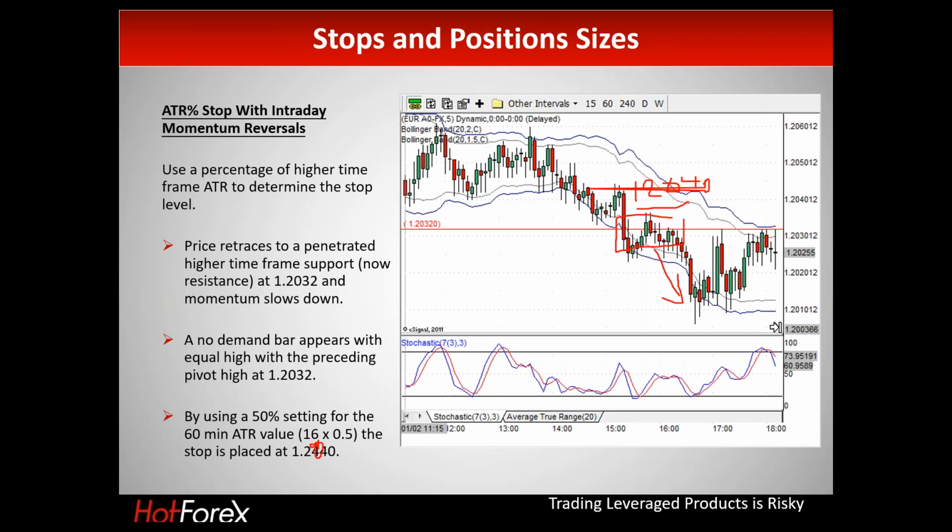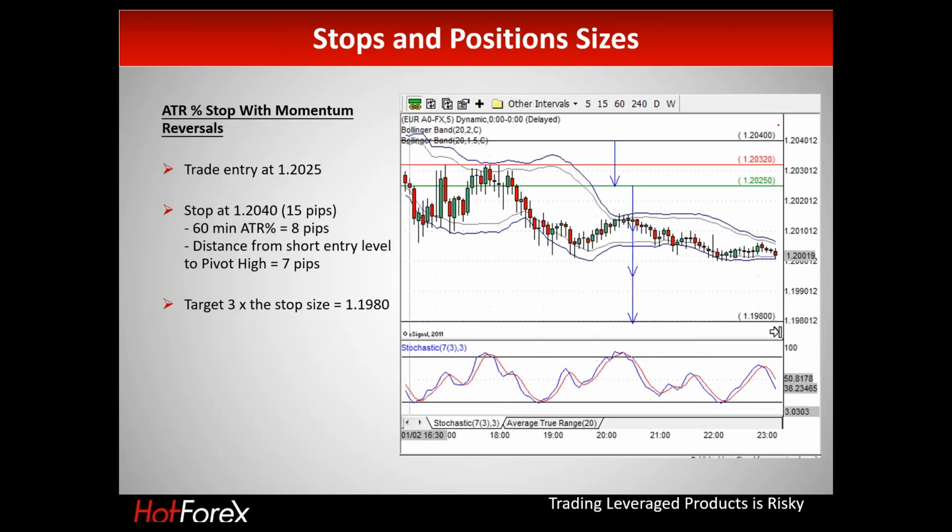So let's assume that since you have set your stop loss at 120.40, this is 8 pips away from the entry level, right? So the target could be placed 3 times the stop size, so 3 times 8 or 2 times, based upon your risk and reward ratio. 1 to 2 is a very wise and reasonable risk and reward ratio. 1 to 3 also okay, but be careful not to overdo it.